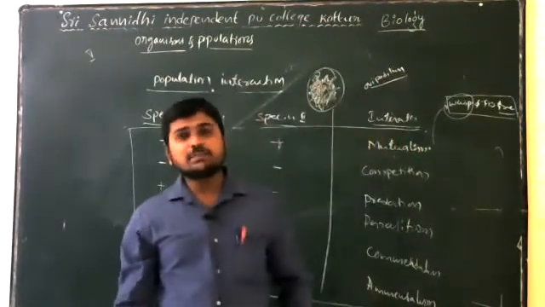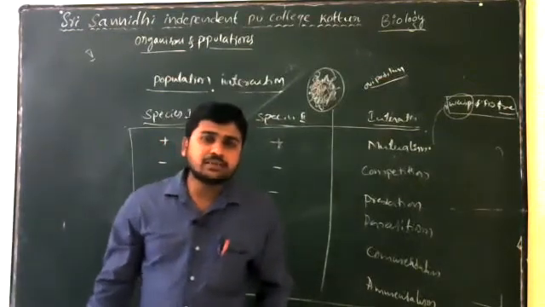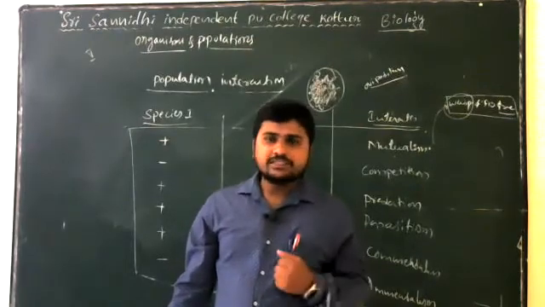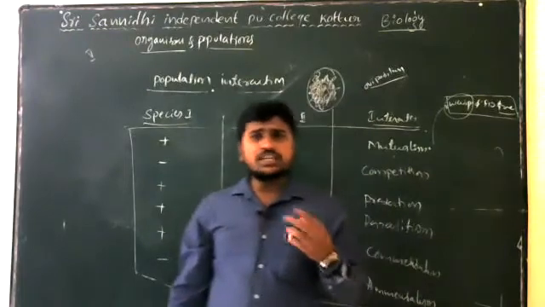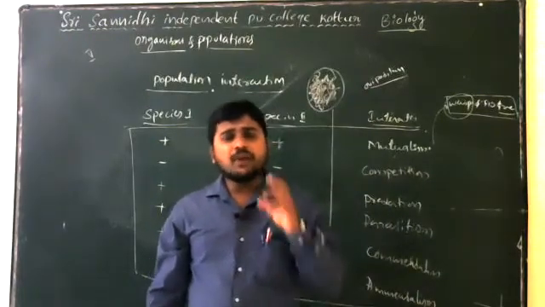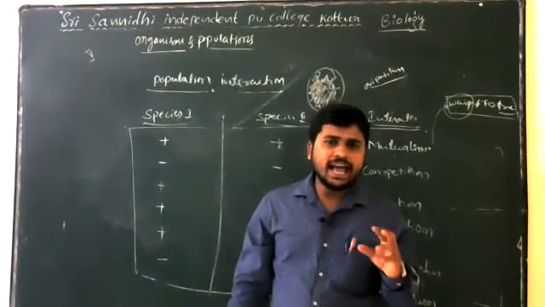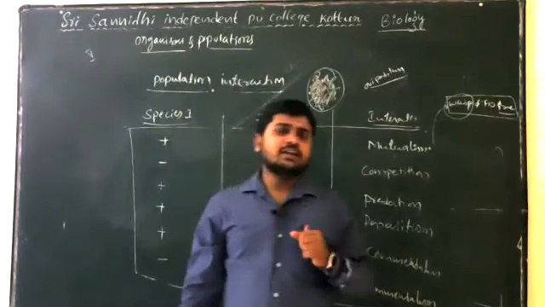What other example is there for mutualism, where both organisms get benefited? For example, you can take lichens. What do you mean by lichen? It is a symbiotic association between fungi and algae, between mycobiont and phycobiont. Mycobiont means the fungal component.